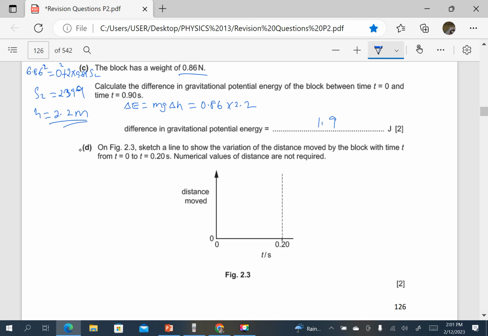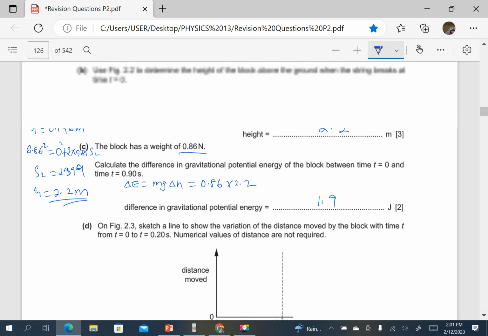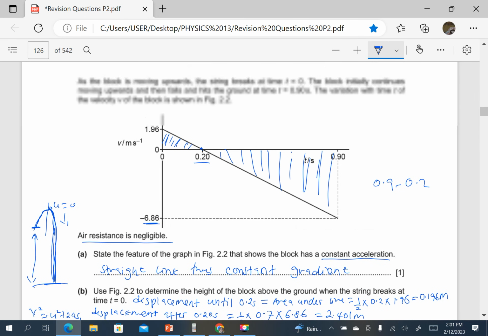And the speed becomes 0 at 0.2 seconds. So our graph should have a gradient initially, but then the gradient should be decreasing because the speed decreases. At 0.2, the line should be horizontal so that the gradient is 0.